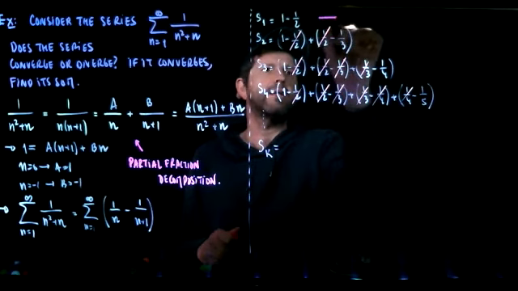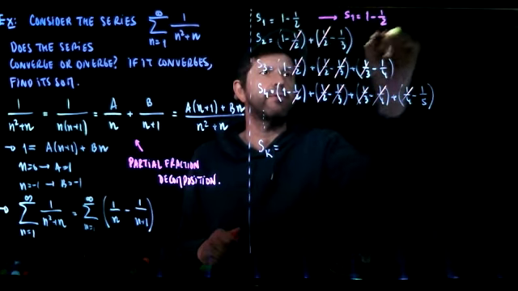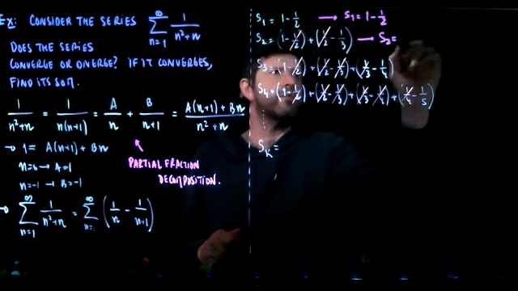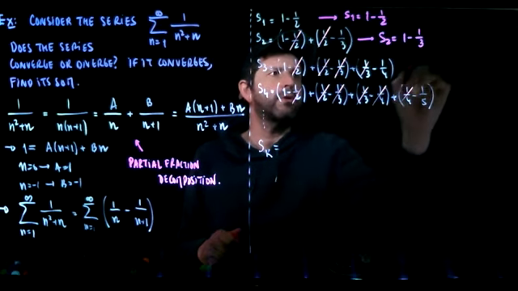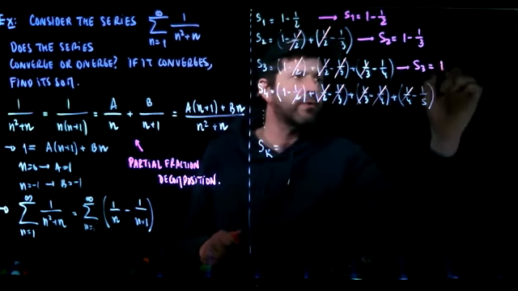I get that S1 is just 1 minus 1/2. S2 is 1 minus 1/3. S3 is 1 minus 1/4.